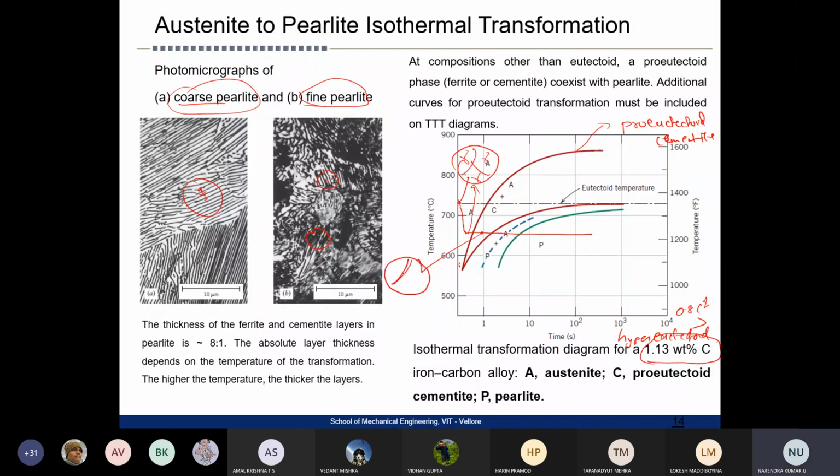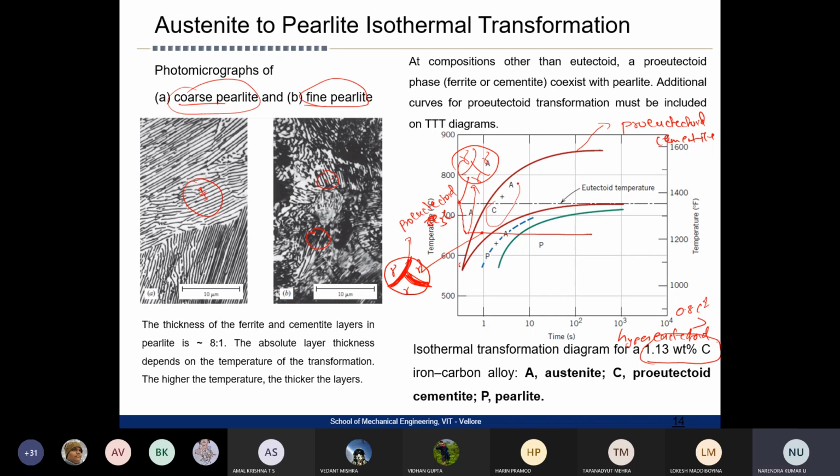But when it is in this range, around the grain boundaries, we have our proeutectoid cementite, Fe3C. This is still austenite.